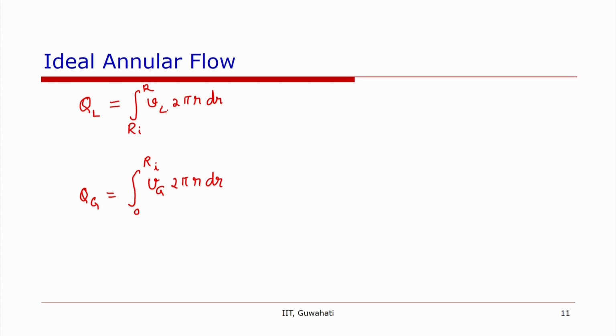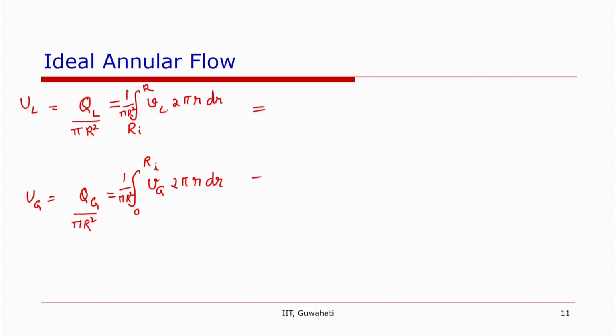Now from this we can also find out the superficial velocities. So when we do the substitution, the superficial velocity of the liquid phase will be QL over pi R squared, and Ug is equal to Qg over pi R square.